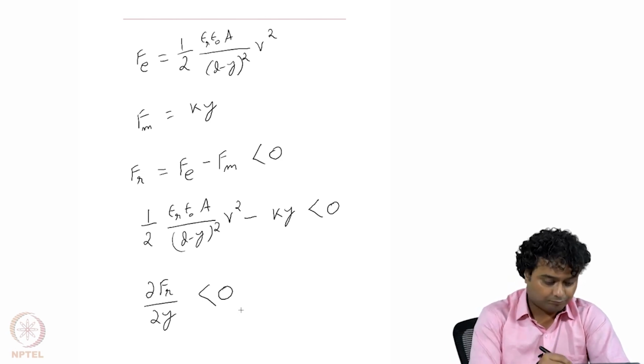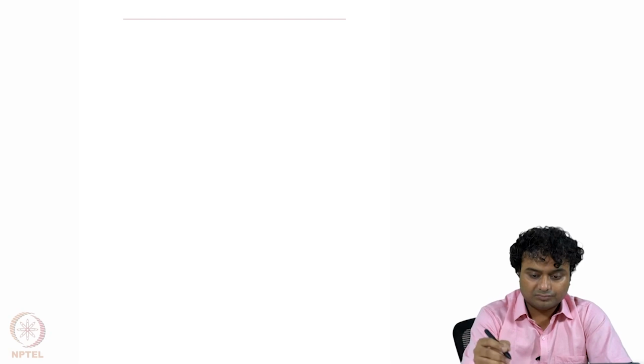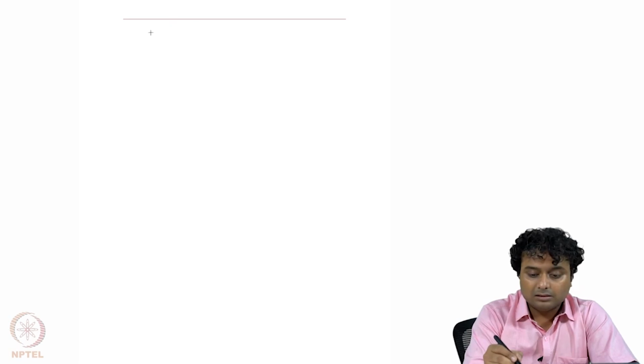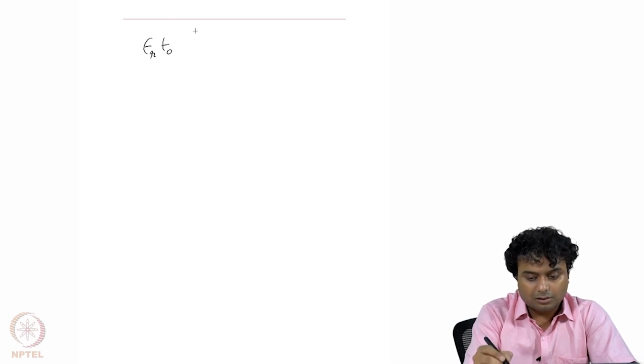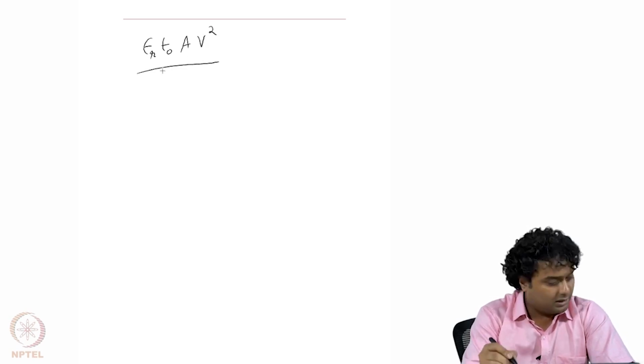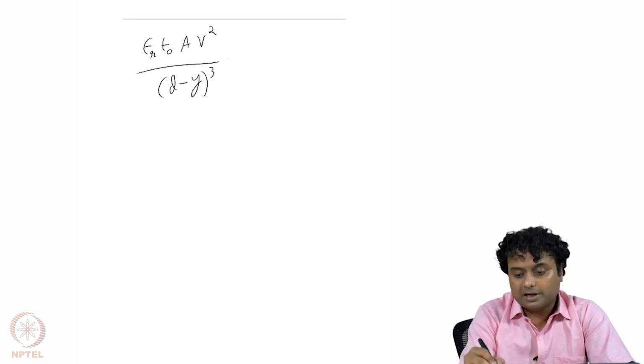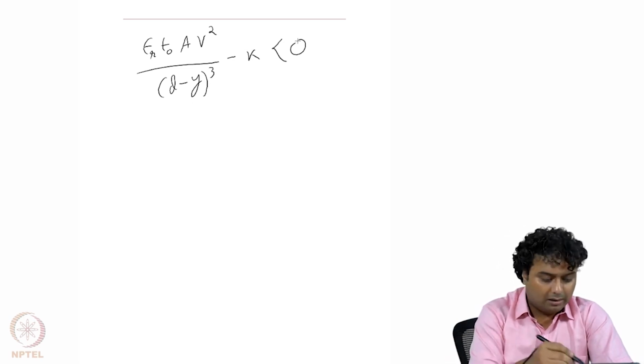Now what is delta FR by delta y? That is epsilon r epsilon naught A V square divided by (d minus y) whole cube, minus k, less than 0.